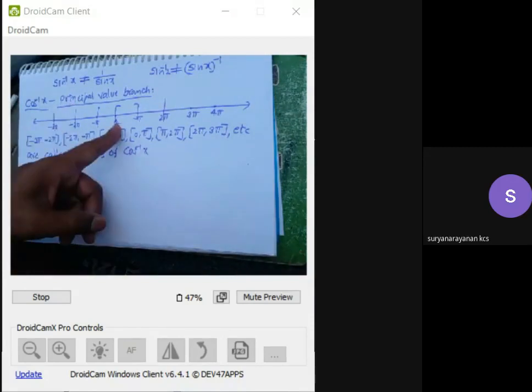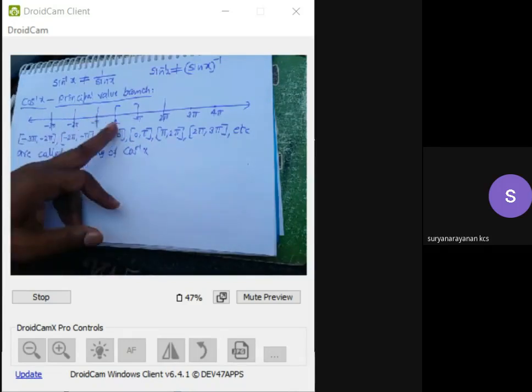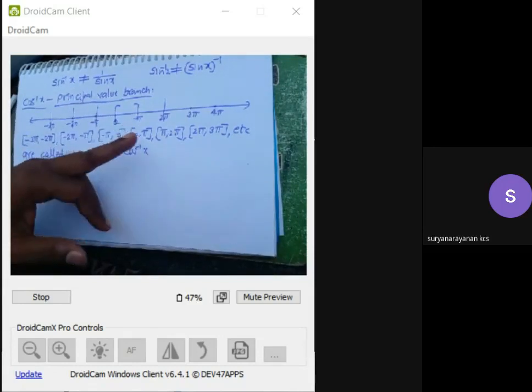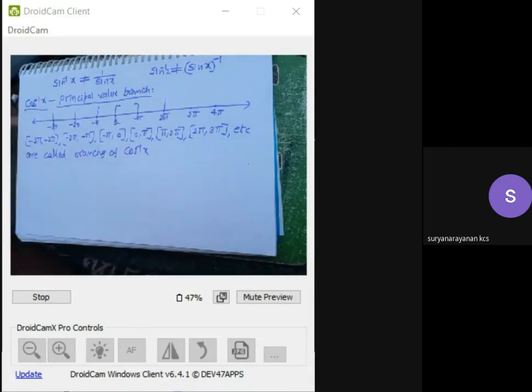Because if you take this interval 0 to pi, same as in the case of sin x, if you take domain 0 to pi, its range is closed interval -1, 1.